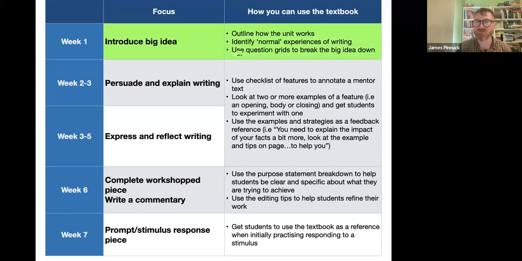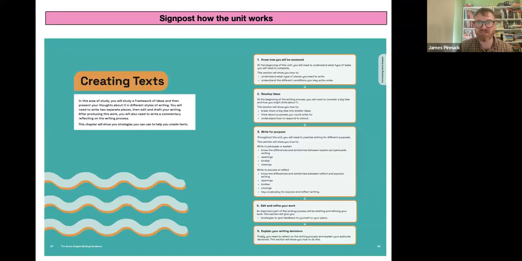Let me go through and explain some of these in a bit more detail, beginning with how you might use our textbook to introduce a big idea at the beginning of a unit. One of the things we do in our textbook is to have a double page spread at the start that visually signposts to students the sequence of learning that they're going to go through throughout this unit.